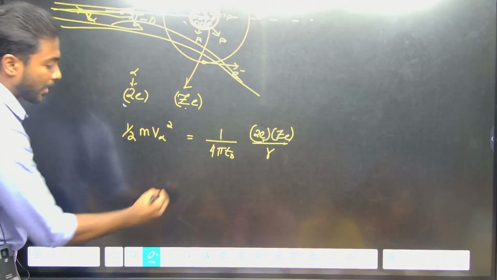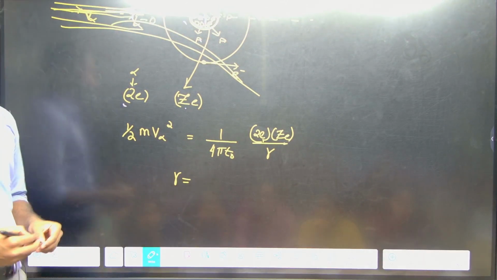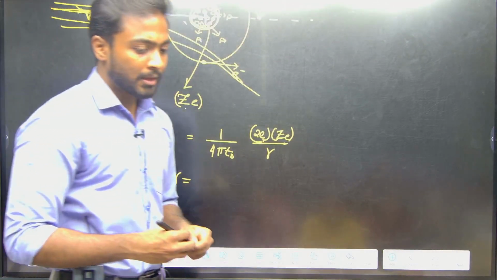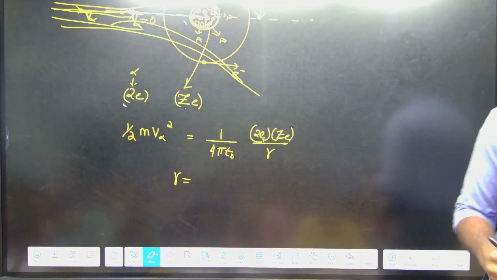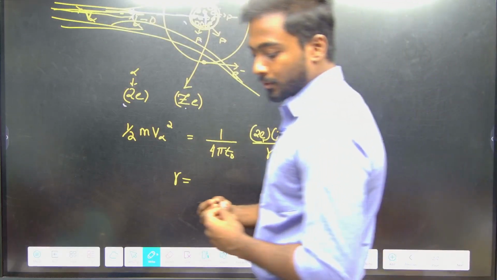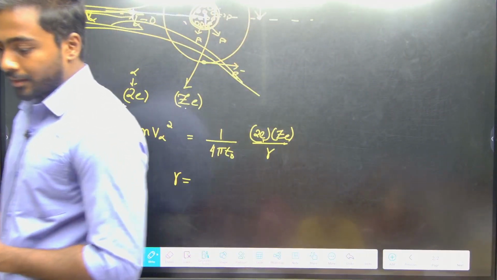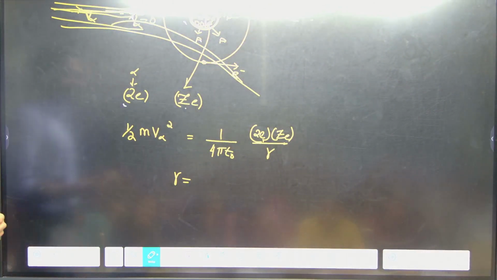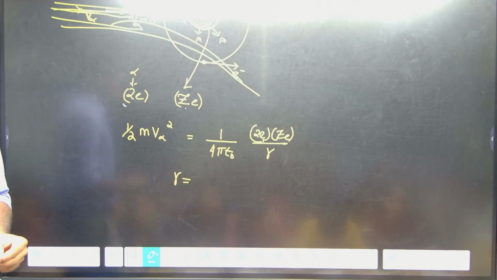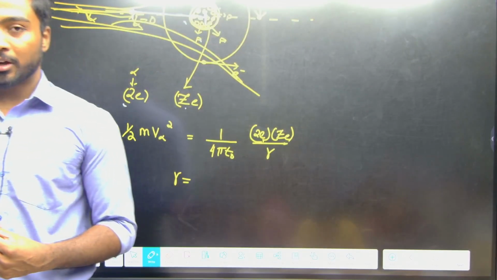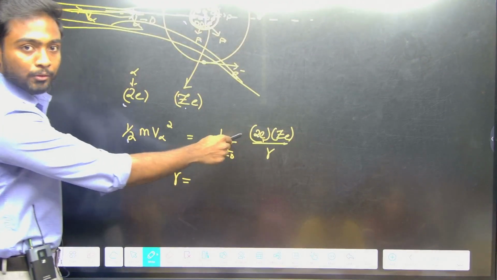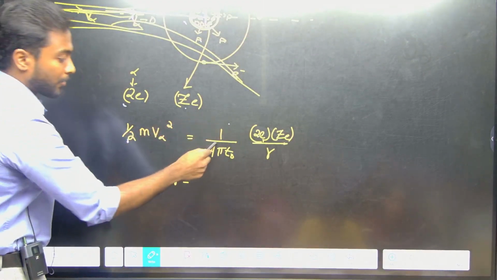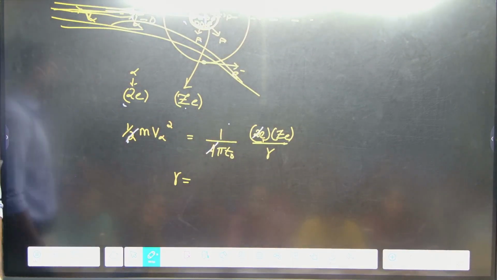From this, write down the formula, direct formula I will tell, r will be equal to Z e square by pi epsilon naught. See here, this 2 goes to the numerator, and the 4 and this 2 get cancelled off.